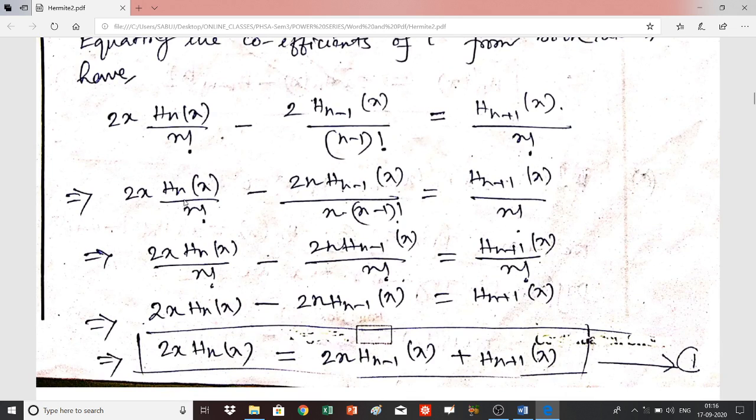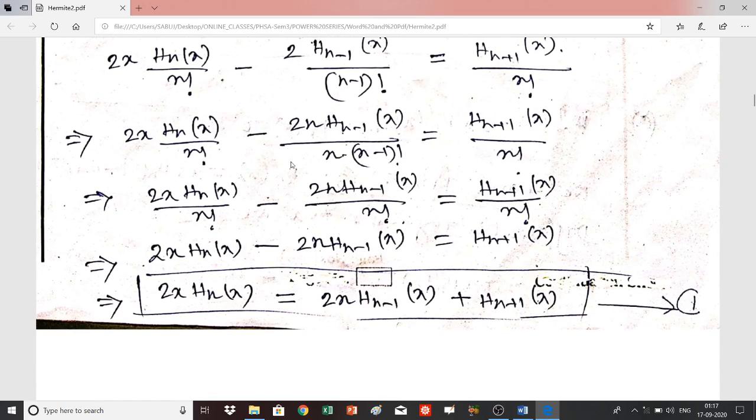So this is 2x h_n(x) by n factorial, minus 2 into n h_(n-1)(x). n is an extra term here, so another n should be in the denominator, n into n minus 1 factorial, which means n factorial, equal to h_(n+1)(x) by n factorial.